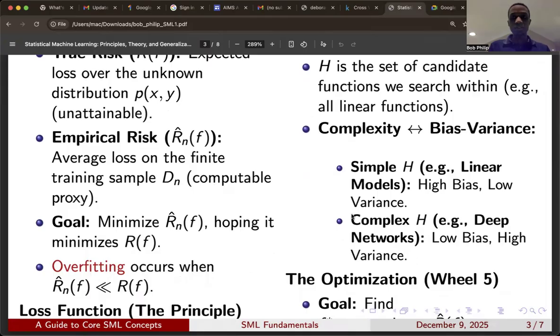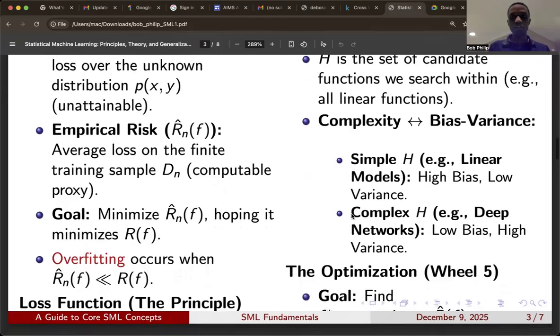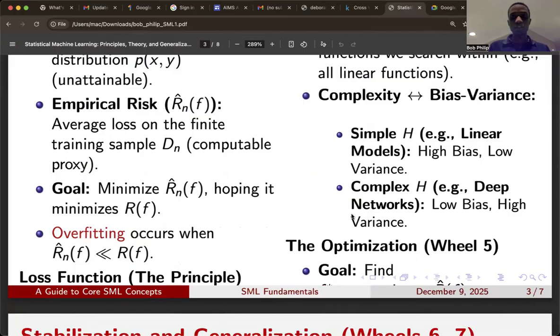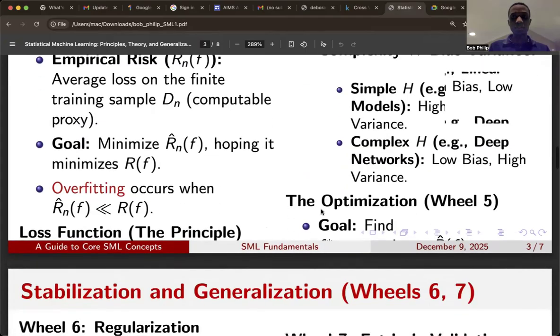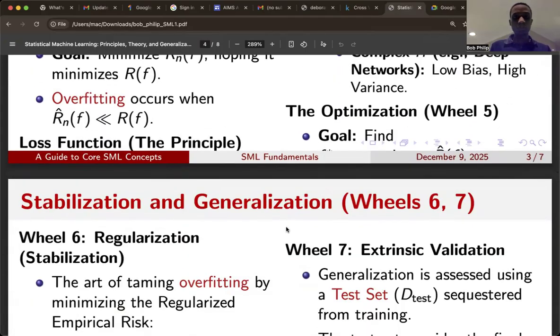In case we have high bias and low variance, we use linear models, and we use deep networks in case we have low bias and high variance.